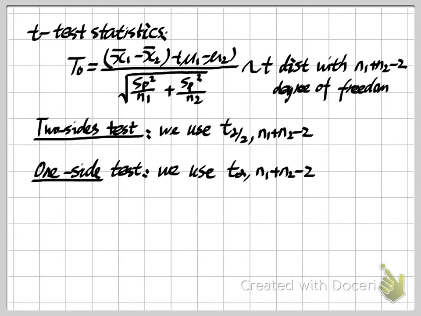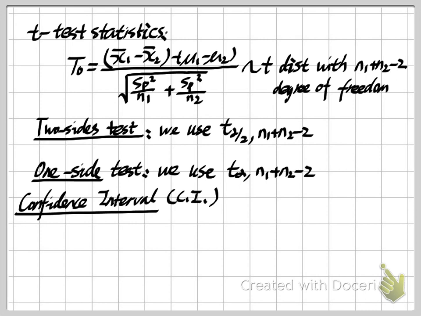Of course, what we talk about here is statistical inference, right? This has two parts: one is about our hypothesis test, and the other is about the estimation. For the estimation, I want to talk about the confidence interval, and I still use C.I. to write the confidence interval for short.